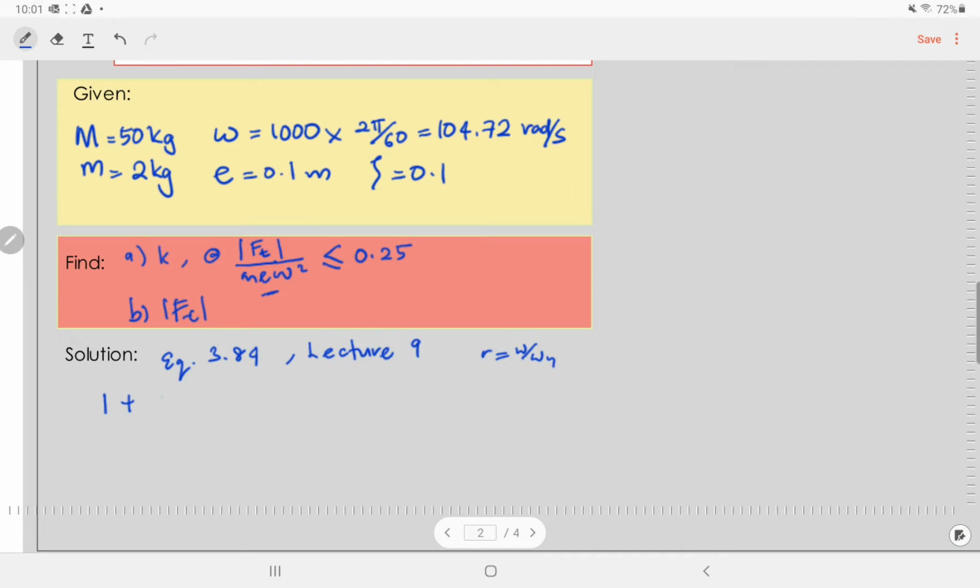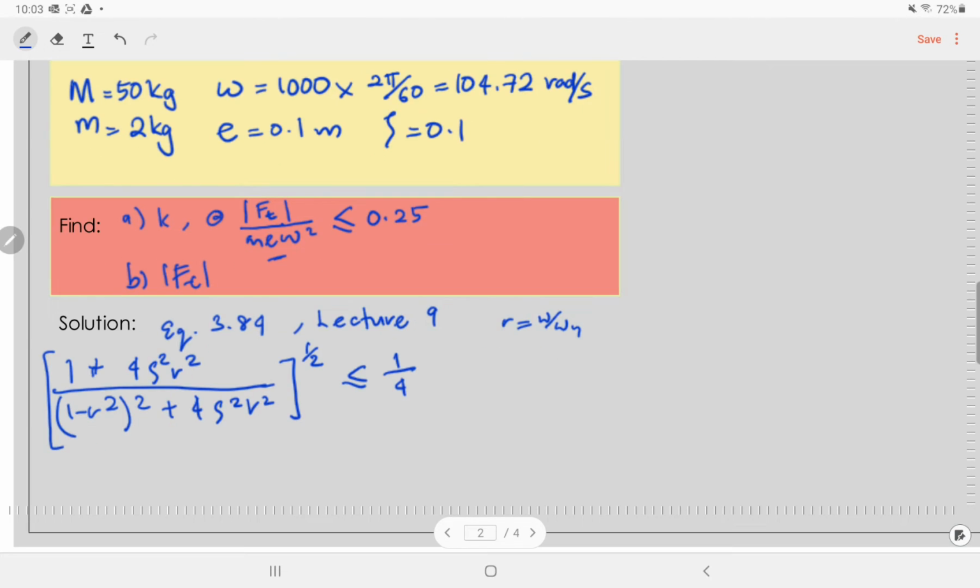Okay, so basically look for the transmitted force equation, this form for zeta square over r square divided by 1 minus.